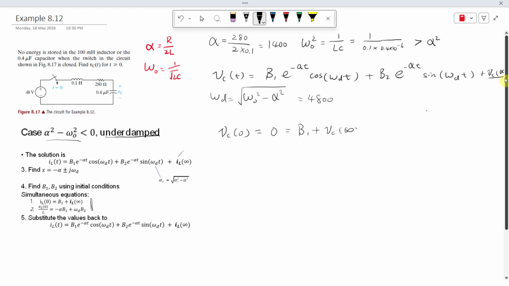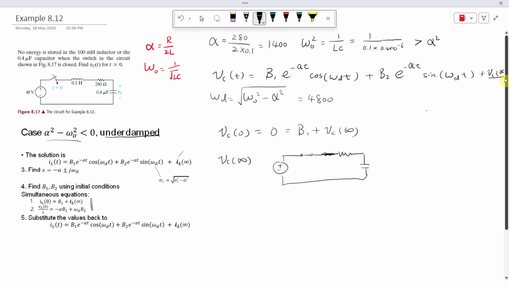VC infinite. Okay, what is the infinite voltage here? When this reaches a steady state, the switch is closed, the inductor becomes a conductor, just one line, and for the resistor we have that.